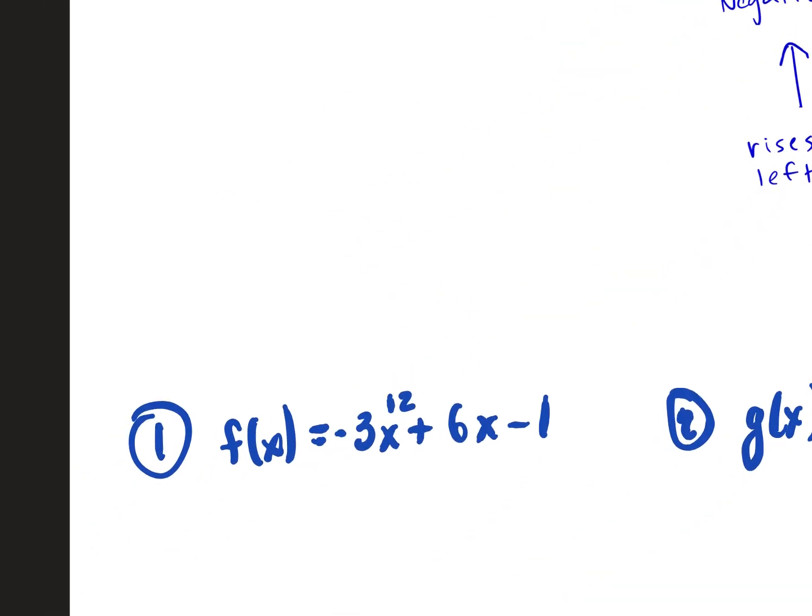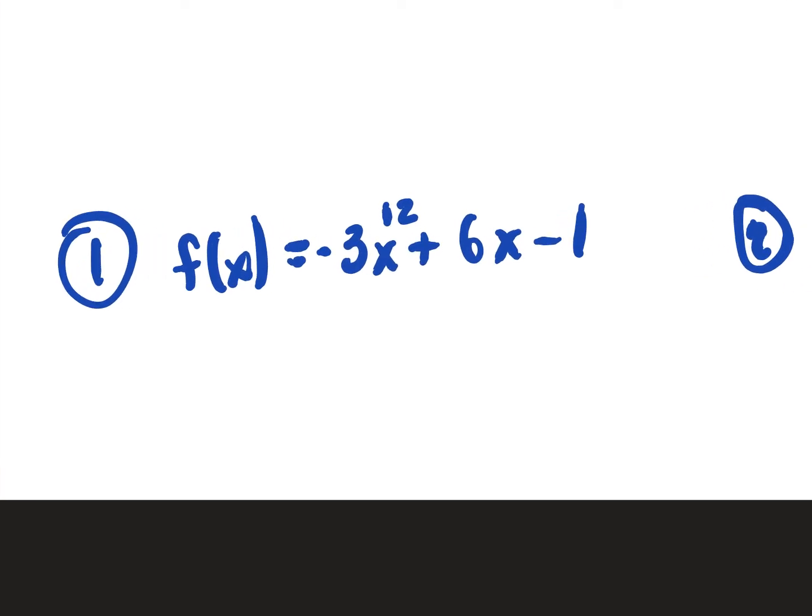All right, let's look at number 1 down below. Which term am I looking at here? The negative 3x to the 12th power, because that has the highest degree. We always look at the one with the highest degree and we ignore the rest of it. Is my degree even or odd?